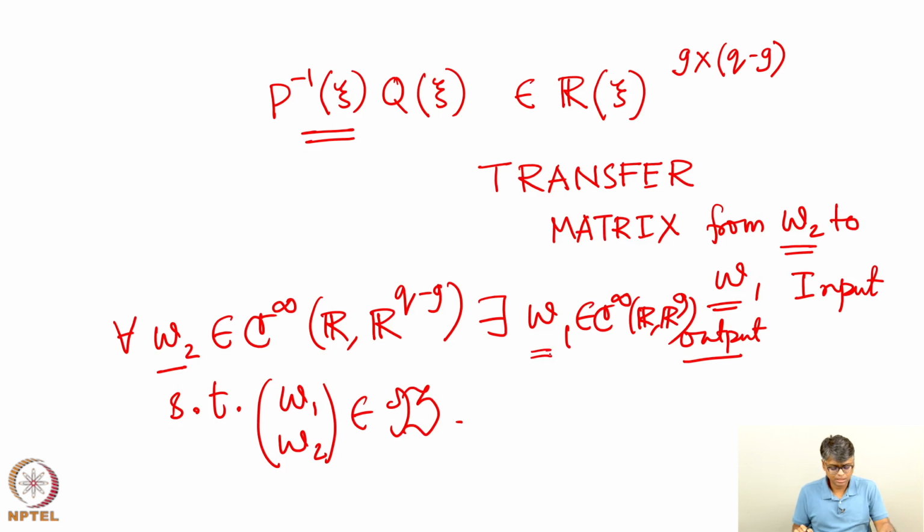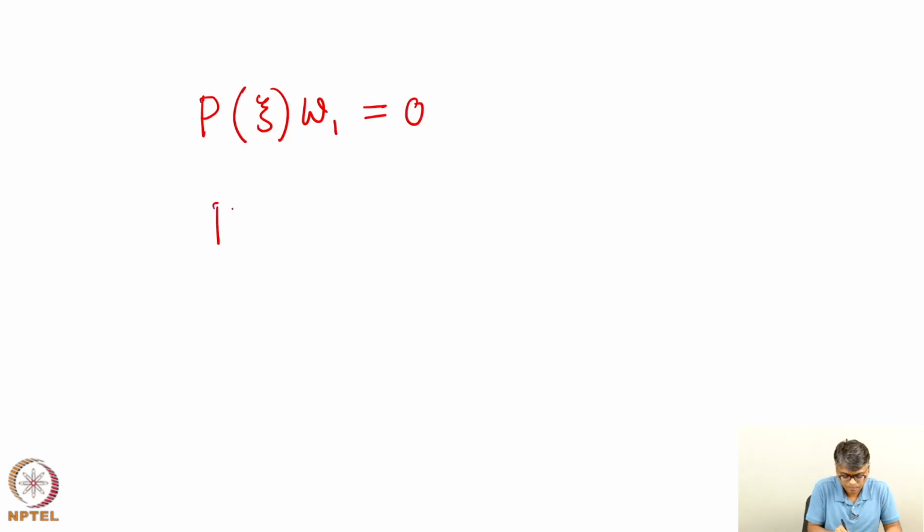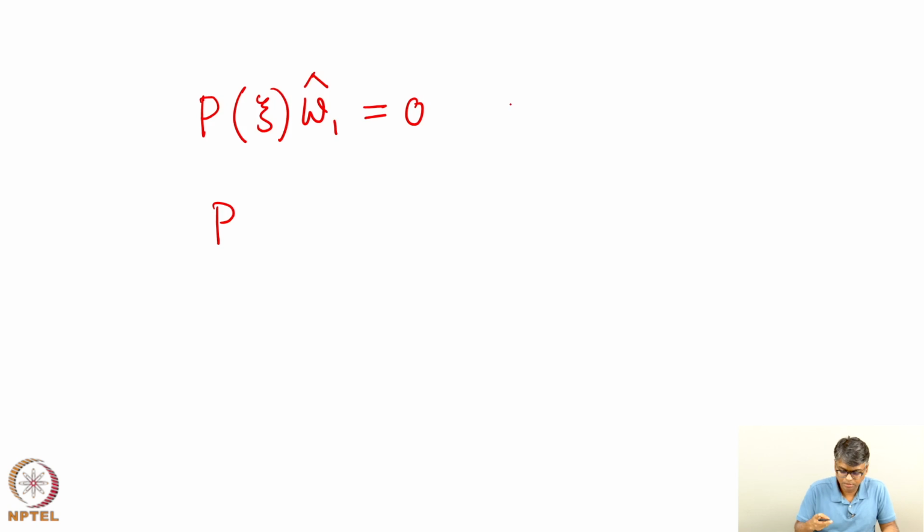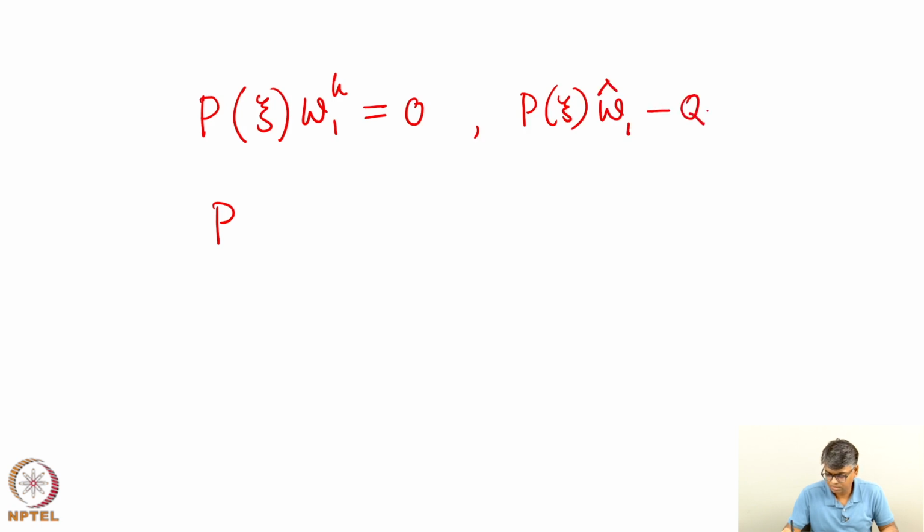Not necessarily, because as you can easily see, to any particular solution w1, if you add a solution from the homogeneous equation, that already satisfies the equation. So let me call this particular solution w1 hat, and let me call the homogeneous solution w1 H. Suppose we have a particular w1 hat which satisfies the equation with w2.